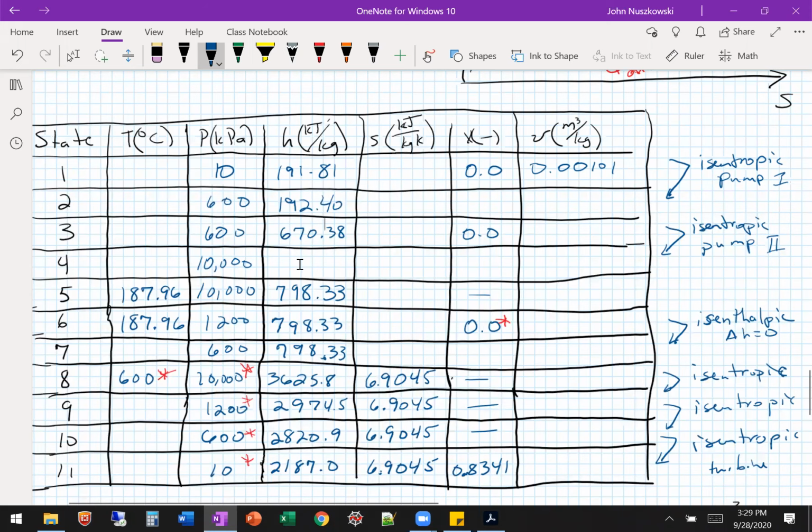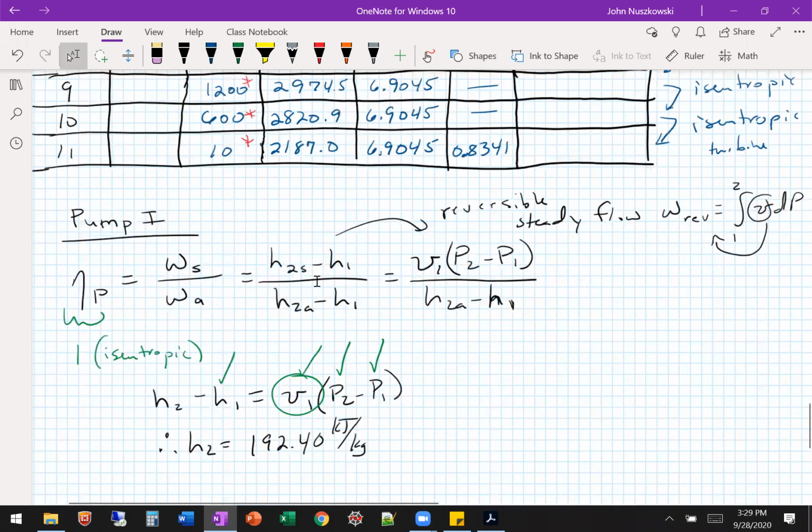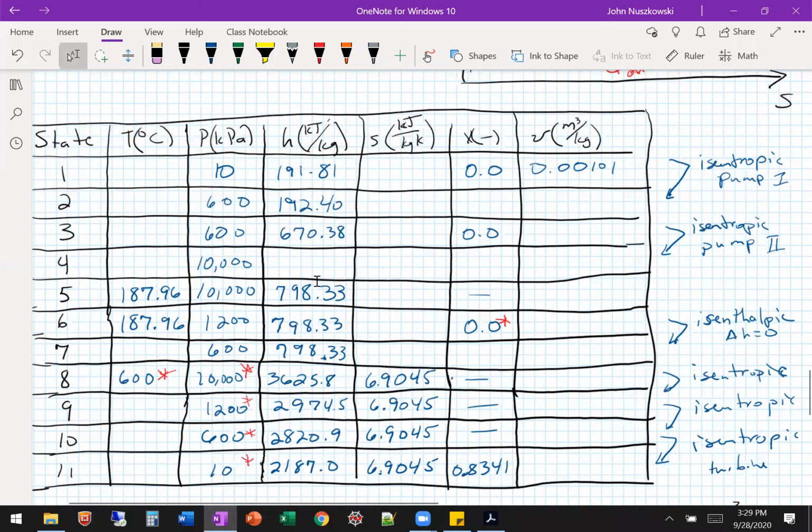And then the last thing, so we have H2, the last enthalpy we need is state 4, right? So what do you think we do for that? Same thing, right? Since I'm up here by this table, I'll grab our specific volume.